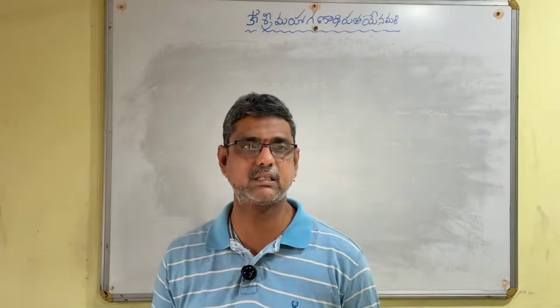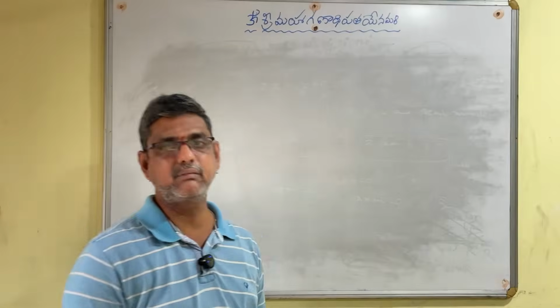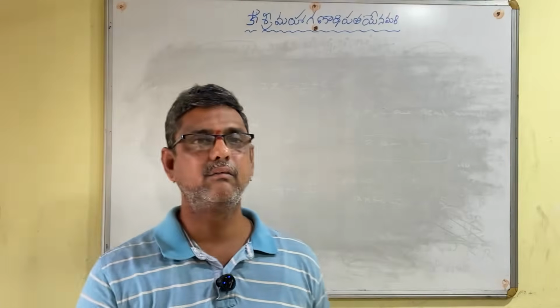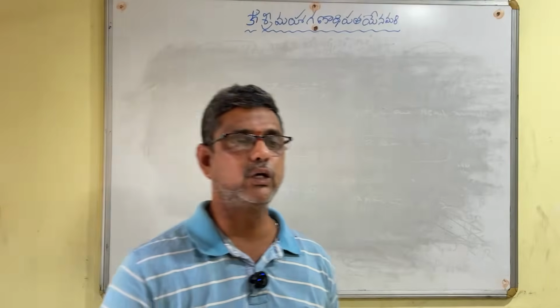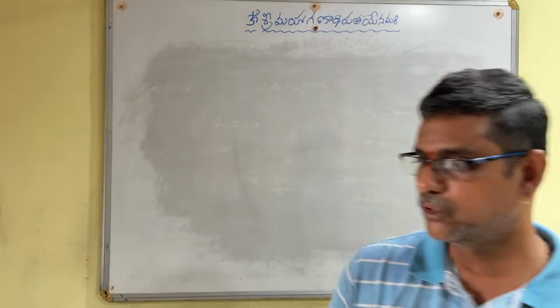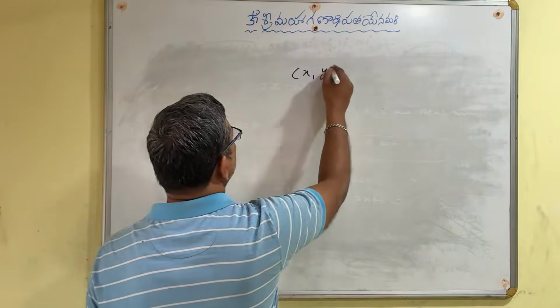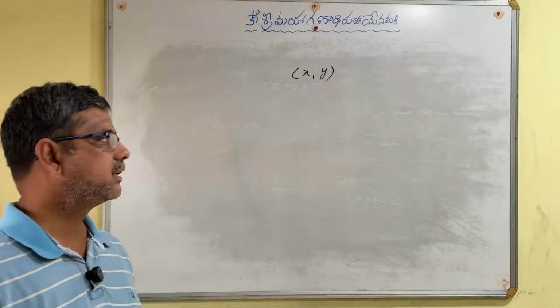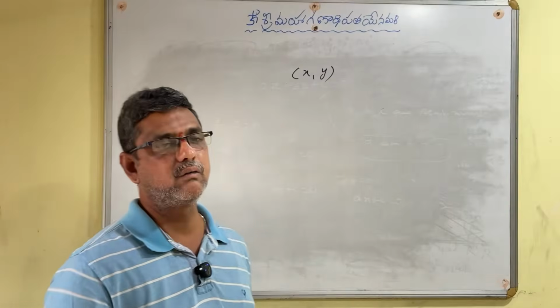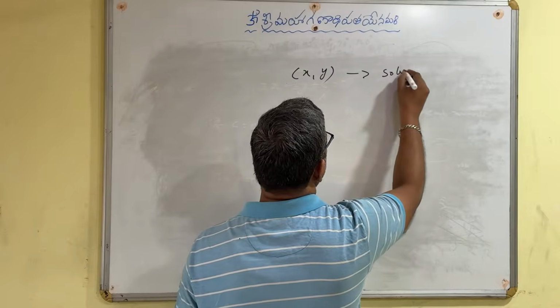The second task is to find the solutions for the given linear equation. A solution is an ordered pair which contains the x value as well as the y value together.